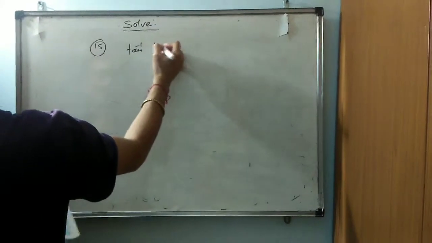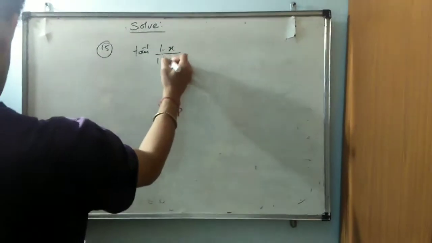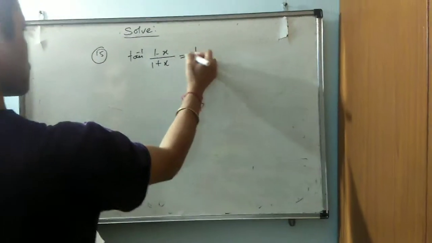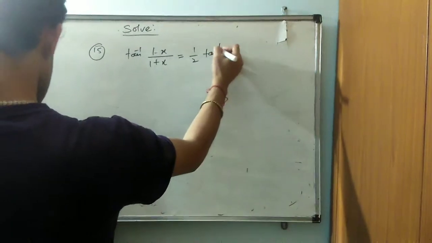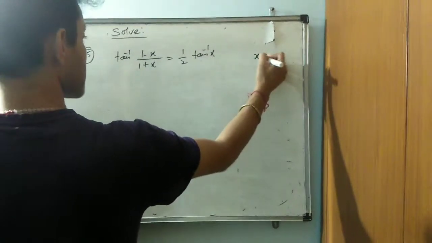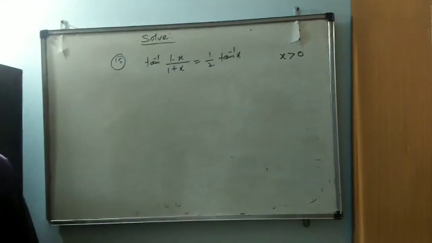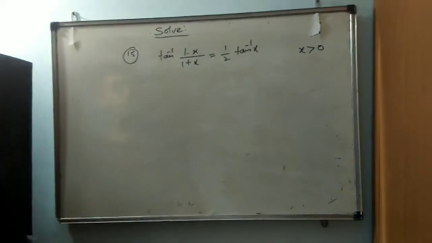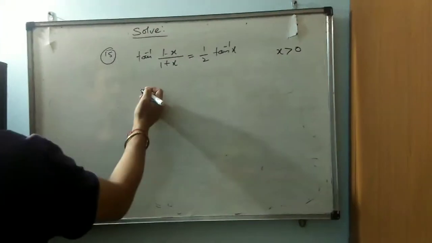Tan inverse (1 minus x upon 1 plus x) is equal to half tan inverse x. Again this condition is given, x is greater than 0, as it is valid for this condition only.